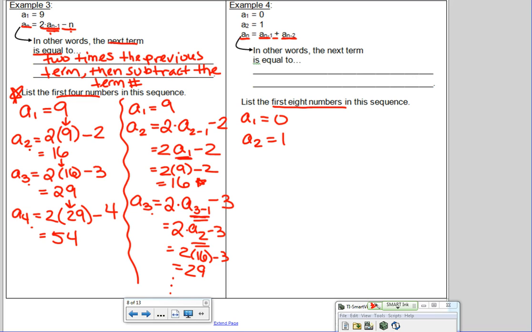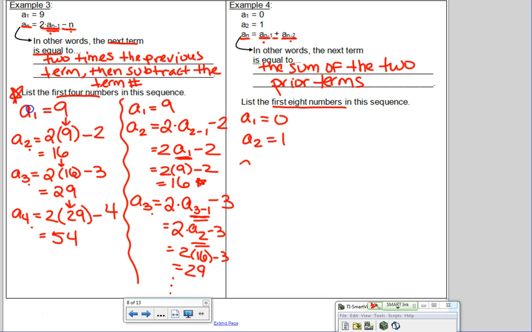So if I make this in simpler words, the next term is equal to the sum of the 2 prior terms. Right? Because this was the term before it, and that was 2 terms before it. So that's the sum of the 2 prior terms.